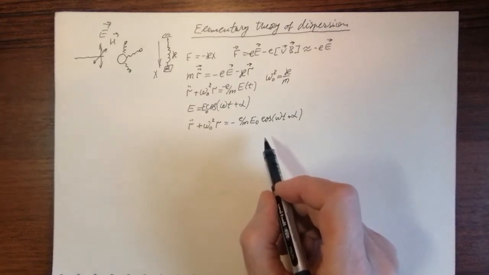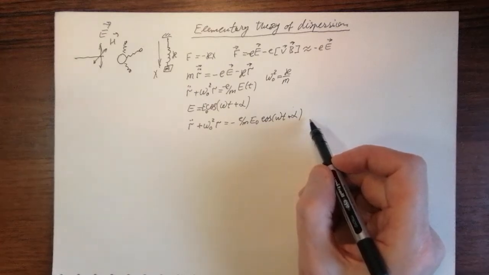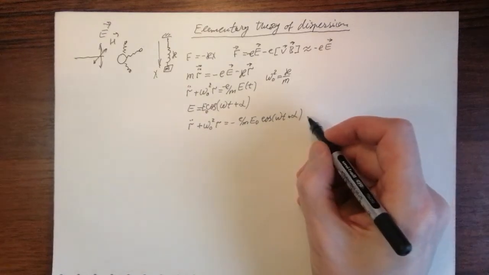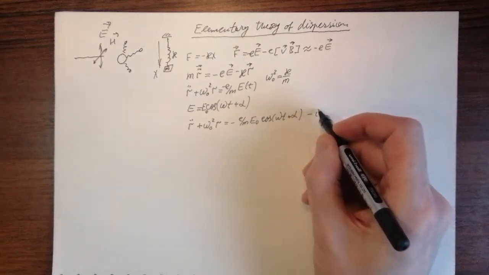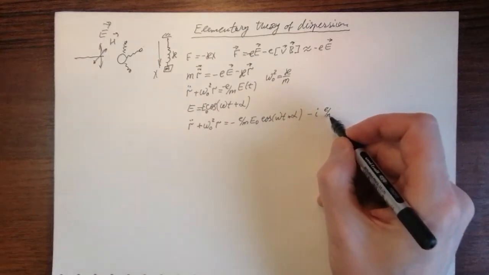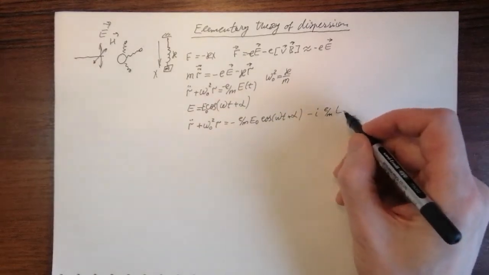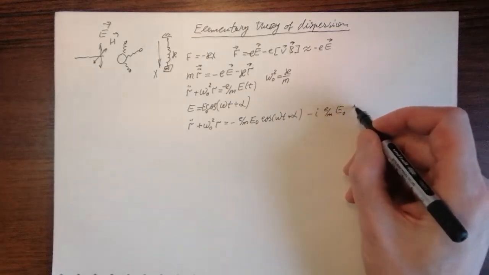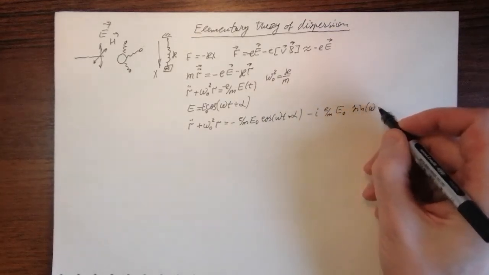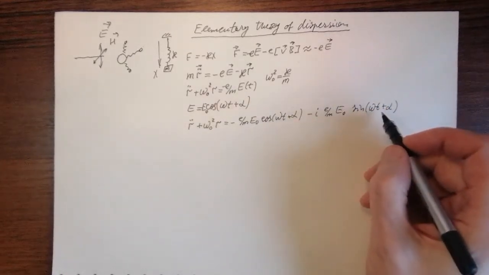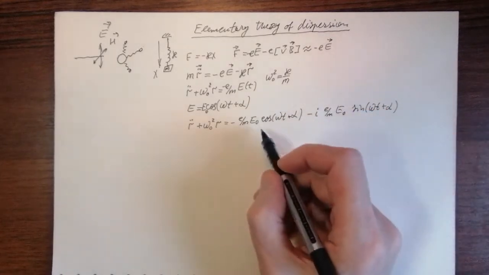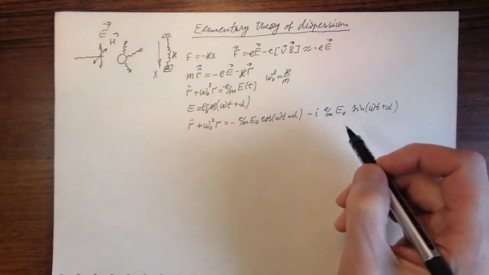In order to make it complex, we can add to the right side of this equation some imaginary part of the form minus i e over m E0 sine omega t plus alpha.